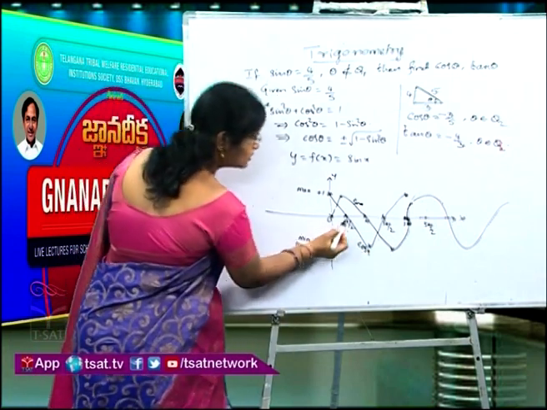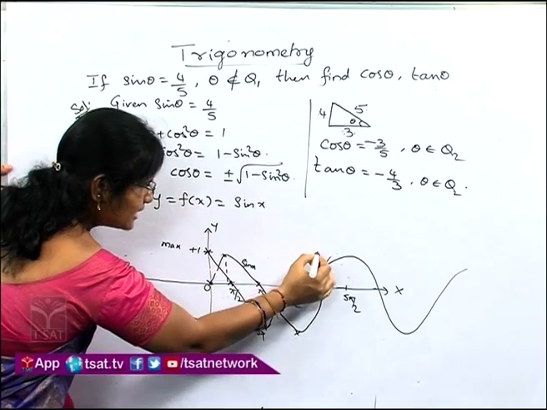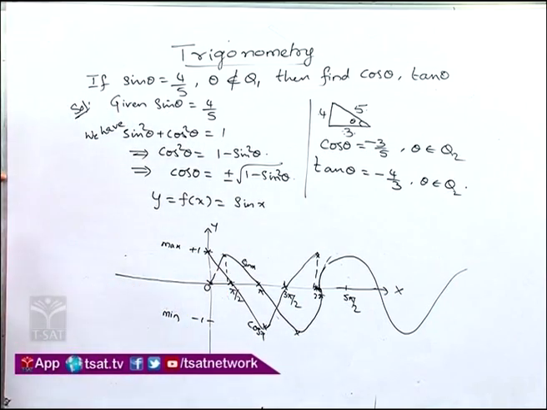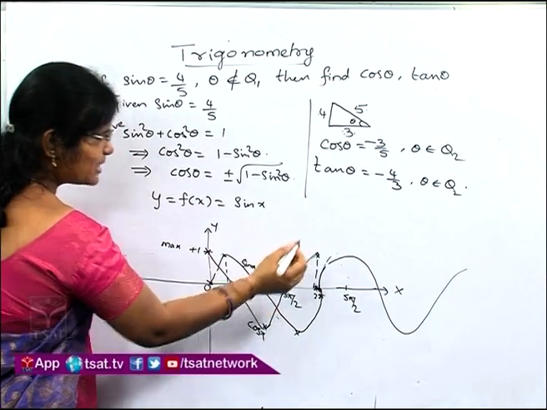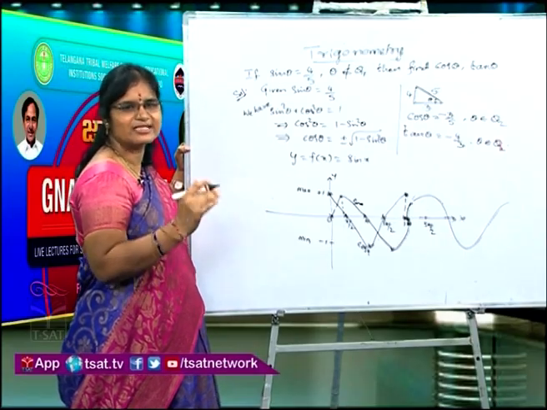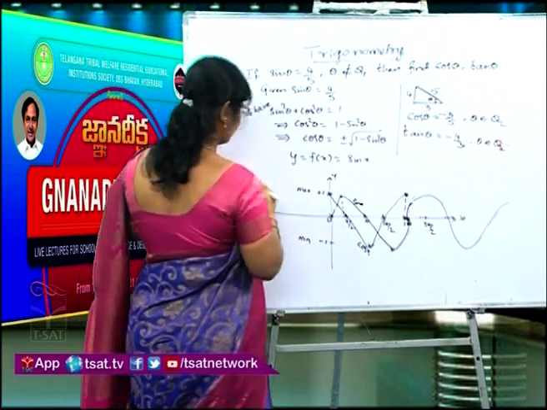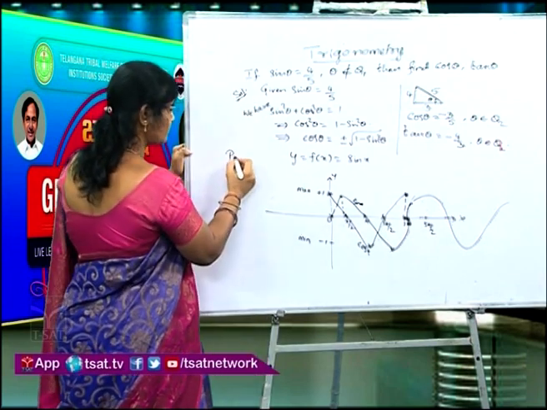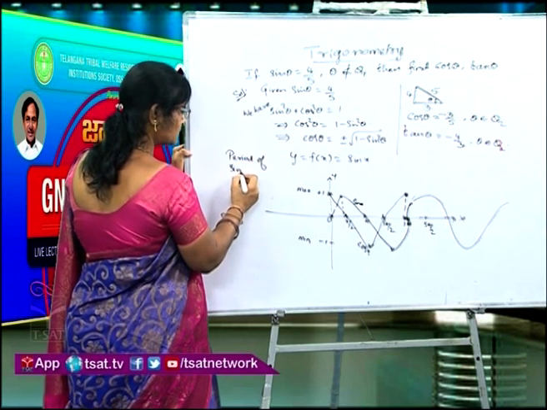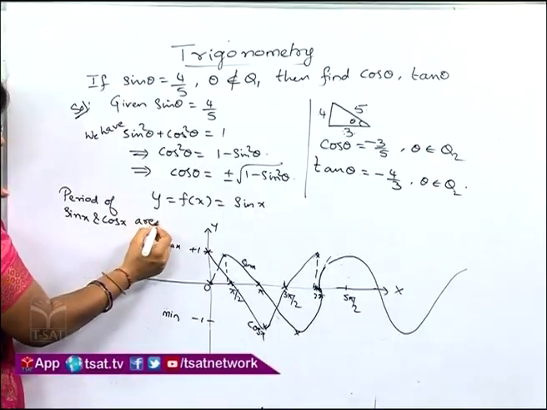Here also, this is one curve, and here is a half curve, and here another half. If you add the halves, again you will get a full curve. So, for cos also, it will repeat the values after 2 pi. That is why for sin x and cos x, we take the period as 2 pi. Here I will write: period of sin x and cos x is 2 pi.